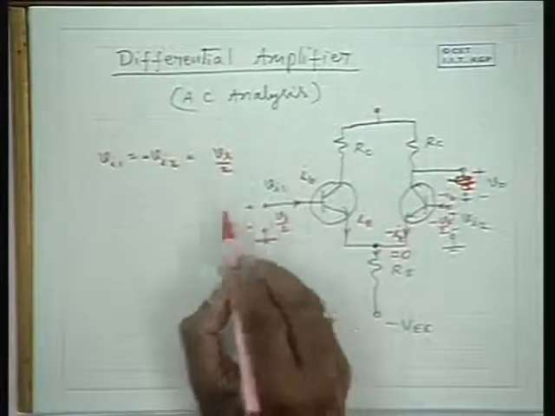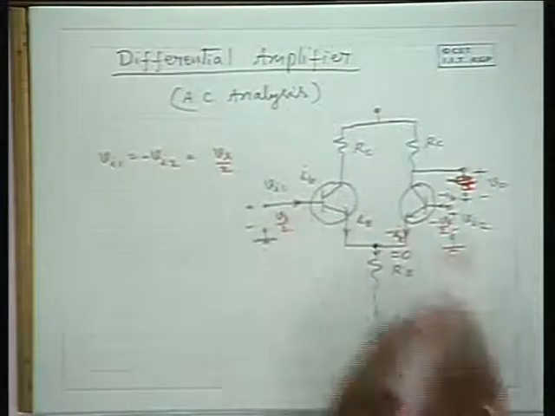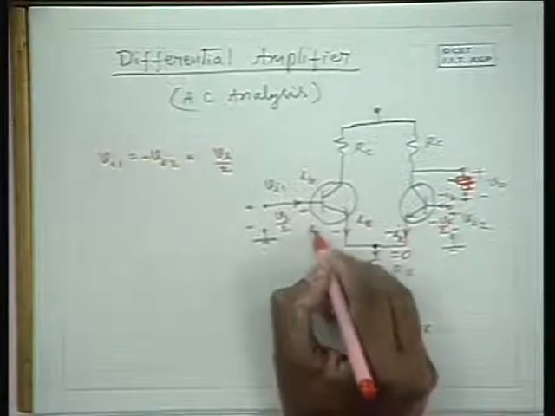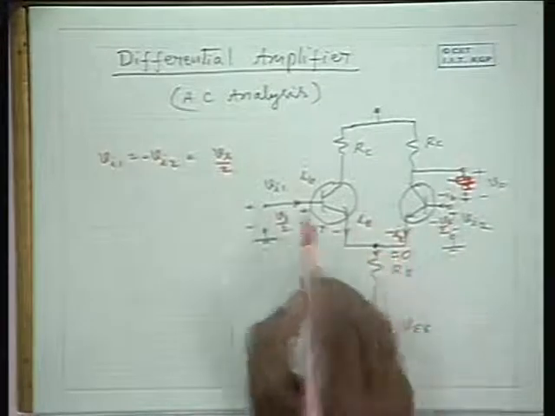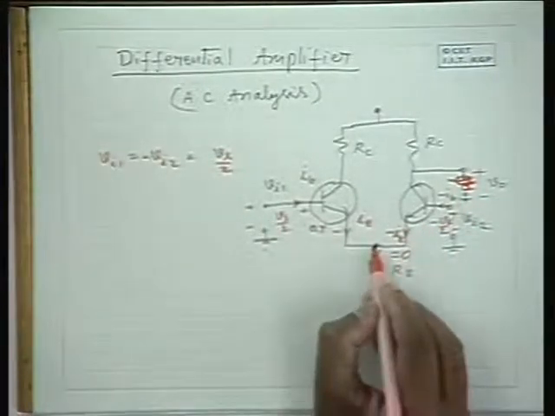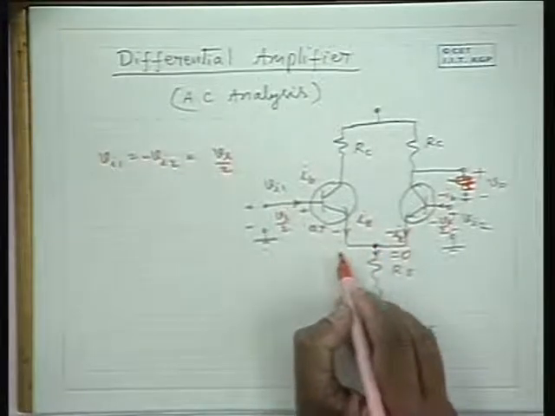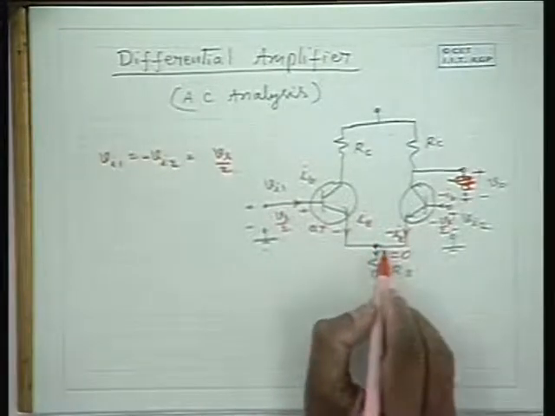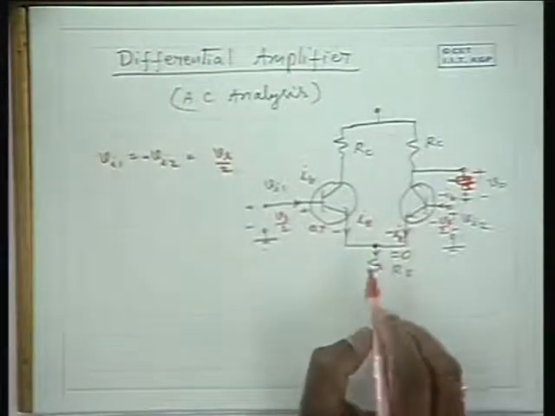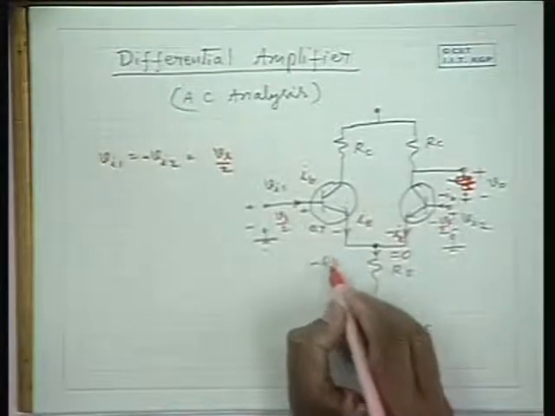For instance, if these two transistors are silicon, the DC voltage drop is of the order of 0.7 volts, and the DC base potential is 0. Hence, the emitter terminals remain constant at minus 0.7 volts, fixed.